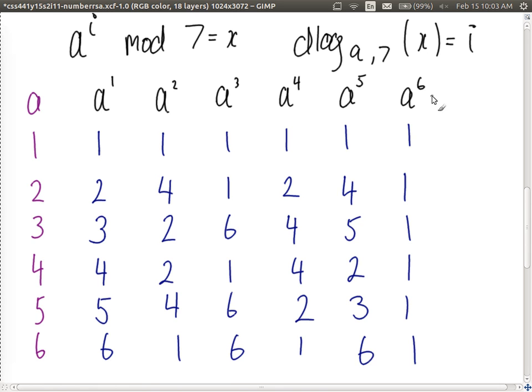If x is 4, the discrete log base 2 mod 7, what's the index I? Base 2, the answer is 4. The index is either 2 or 5. We don't have a unique answer there. We don't want this case. In cryptography, when we apply the discrete logarithm, we want a unique answer. Here we don't know which is the answer.